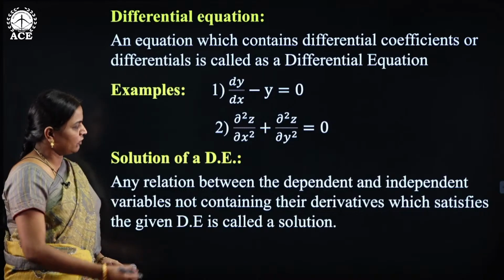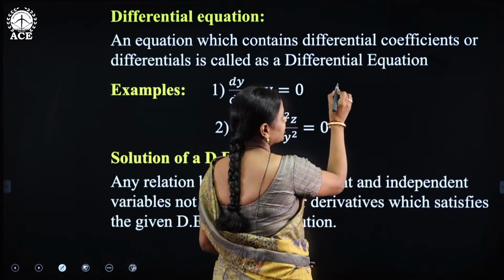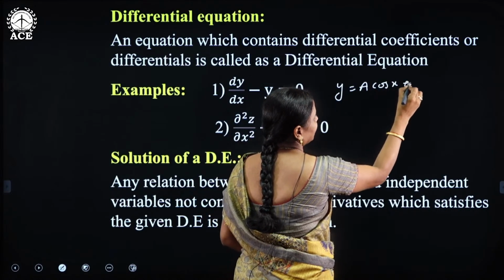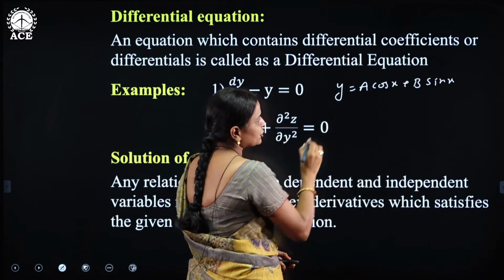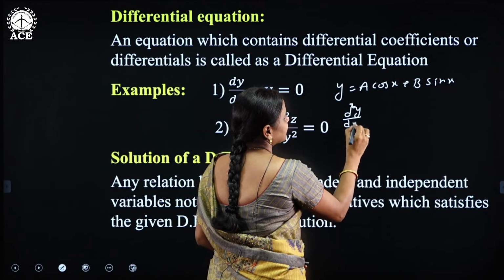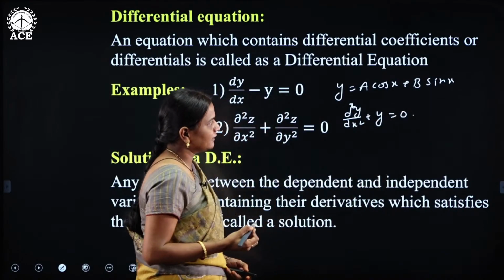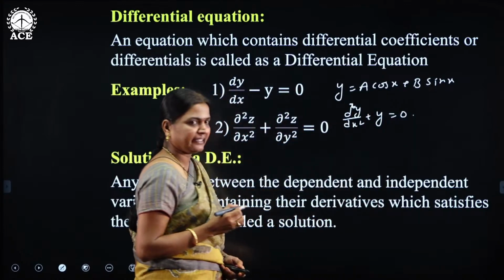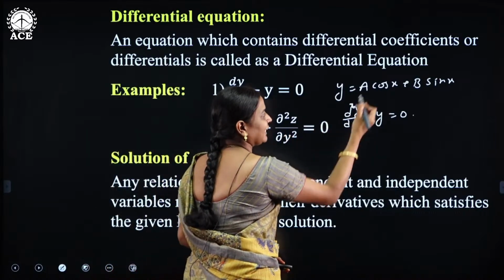For example, the relation y equal to a cos x plus b sin x is the solution of the differential equation d square y by dx square plus y equal to 0. This relation does not contain any derivatives and is a relation between x and y.